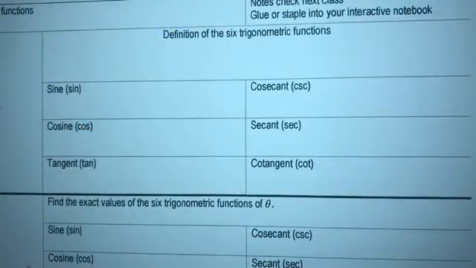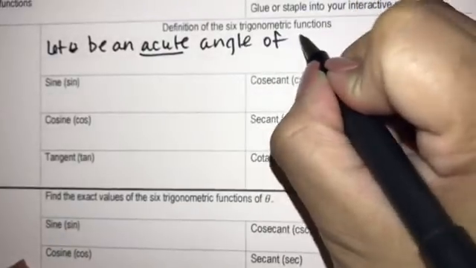Okay, so definition of the 6 trigonometric functions. When we're talking about the triangle that we have to the left, we're going to let theta be an acute angle of a right triangle.